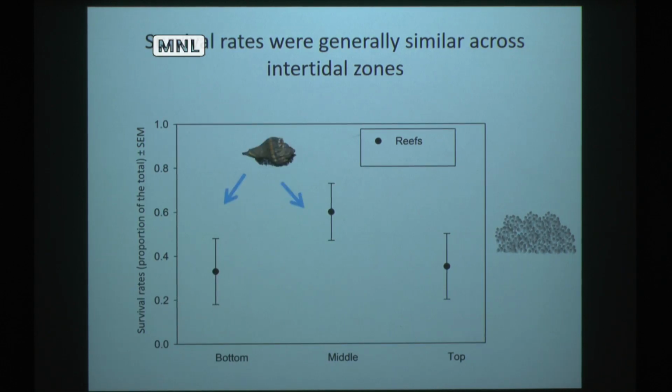And indeed, I found higher abundance of predators at lower intertidal levels.